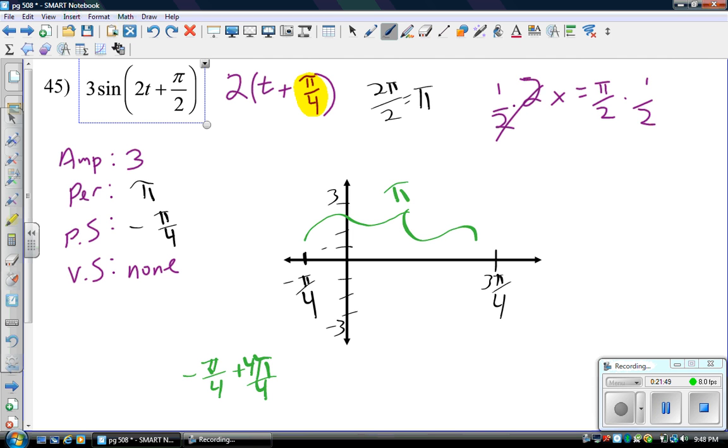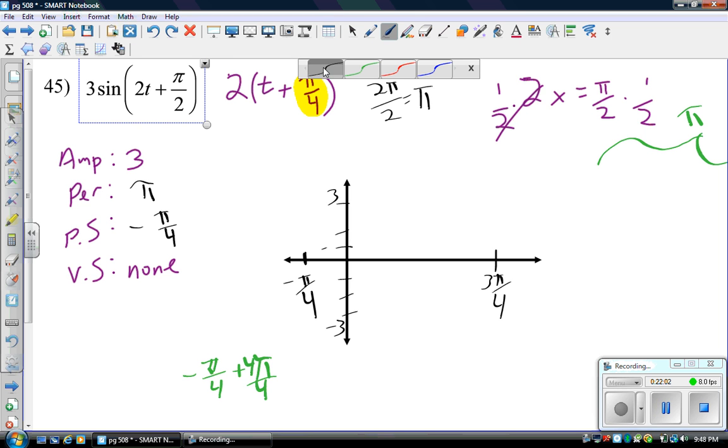Let's see if I can get rid of that pi thing that I added in there. And just move this away. Perfect. Okay. Now we have to evenly space it. We always take our period and divide by 4. You always take your period and divide by 4 to get your increments. So every increment is just pi over 4. So you start at the far left, add pi over 4, and you're at 0.